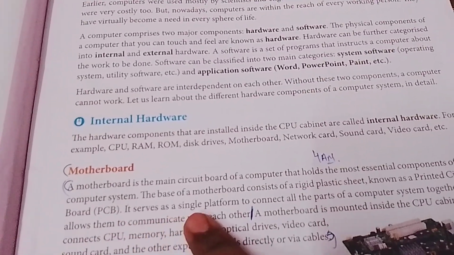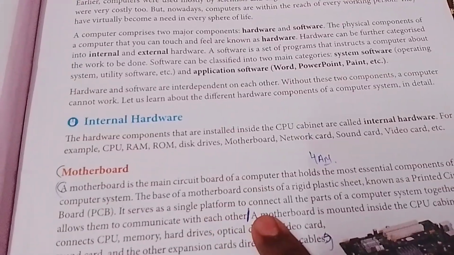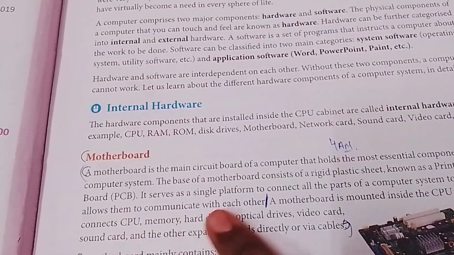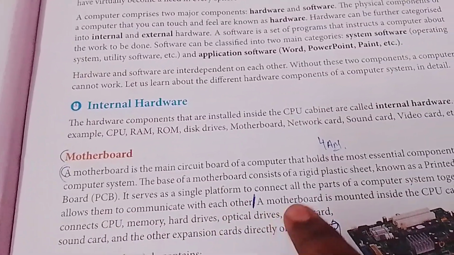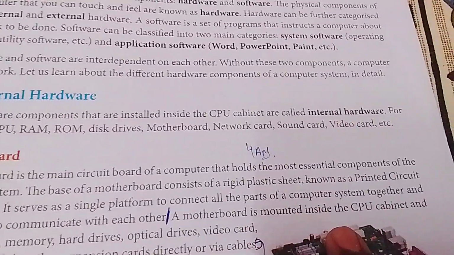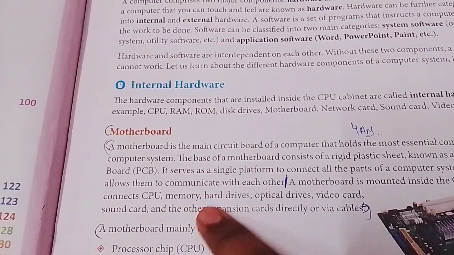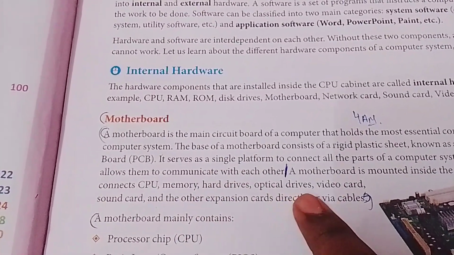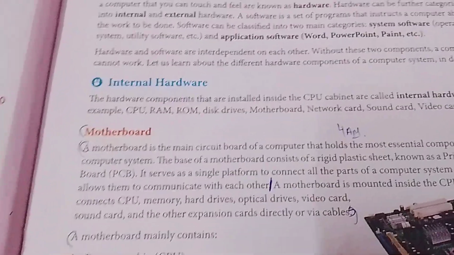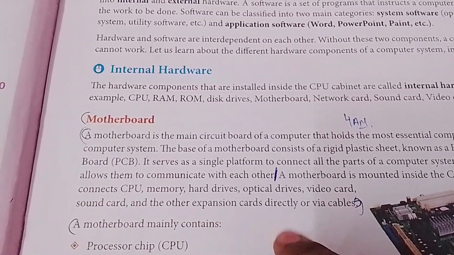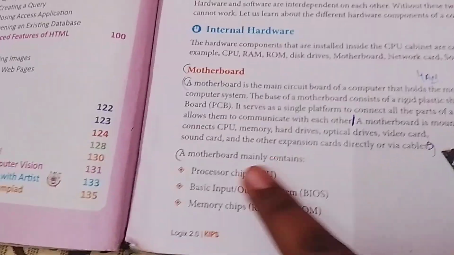It serves as a single platform to connect all the parts of a computer system together and allows them to communicate with each other. A motherboard is mounted inside the CPU cabinet and connects the CPU, memory, hard drives, optical drives, video card, sound card, and the other expansion cards directly via cables.